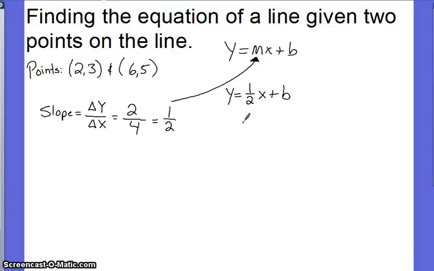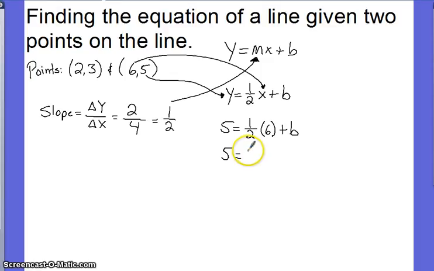It doesn't matter which one we plug in, whether it's (2, 3) or (6, 5). We know that this is x and this is y. So I can take the 6, plug it in the equation for x, take the 5, plug it in for y. So now I have 5 is equal to 1/2 times 6 plus b.